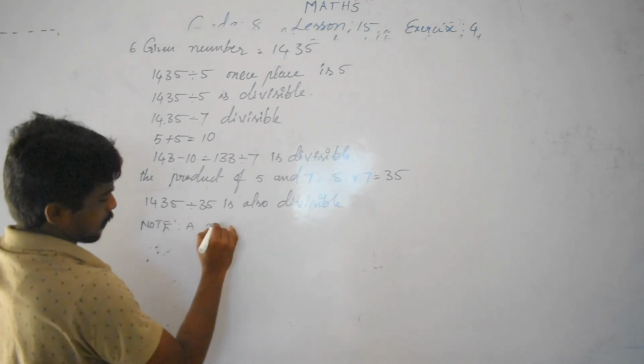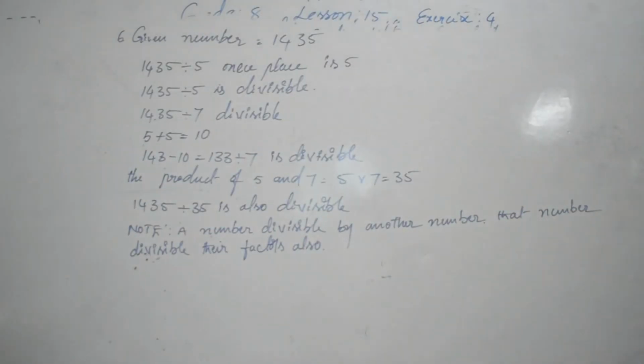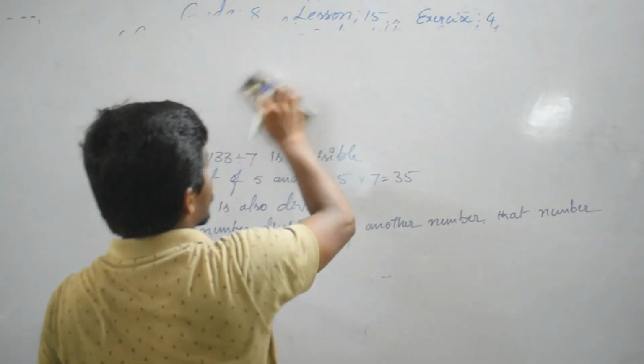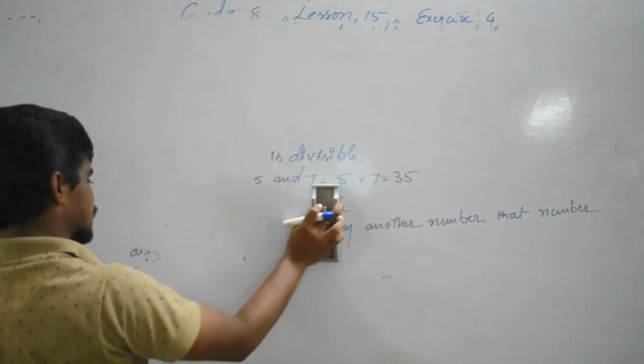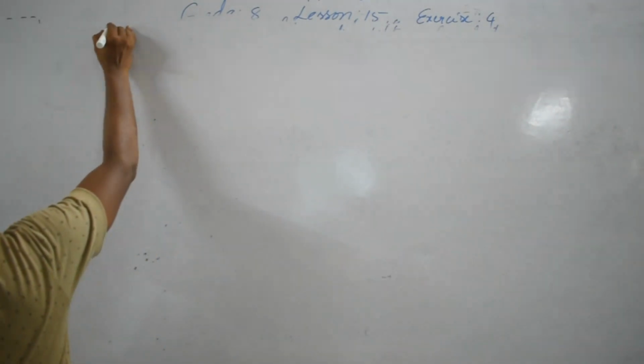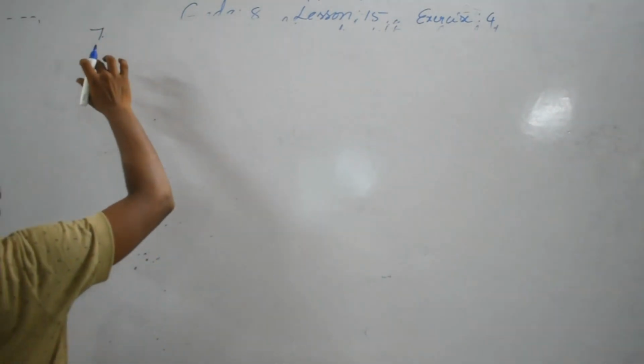Next one, check whether 456 and 618 are divisible by 6, and also check whether the sum of 456 and 618 is divisible by 6. So next sum, here 618 and 456 divisible by 6.